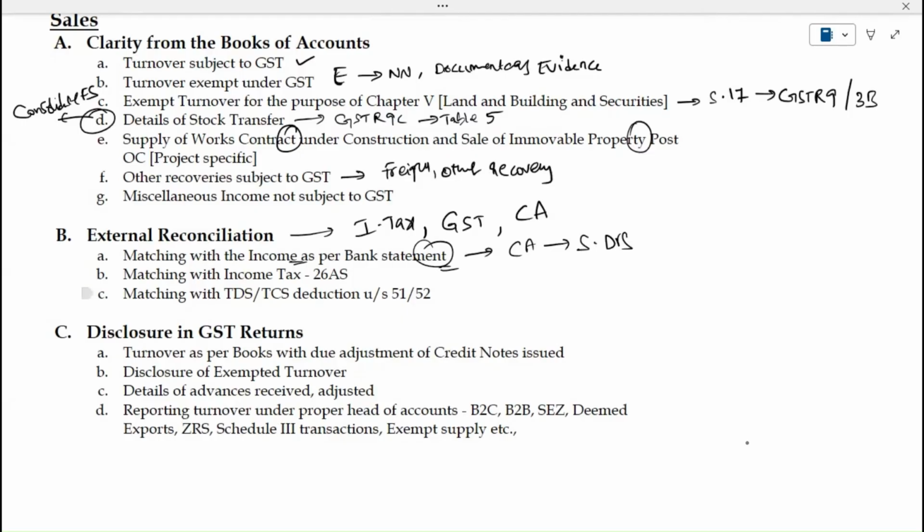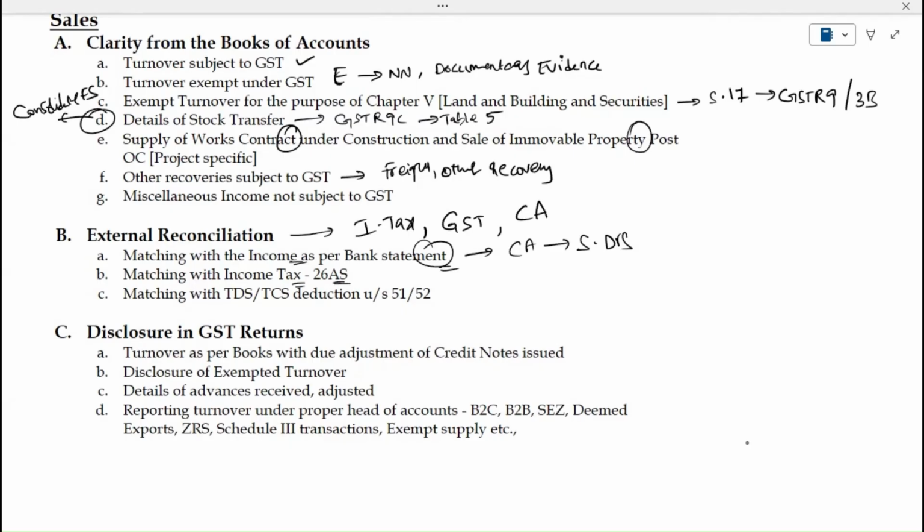Similarly, the information which is available in income tax, Form 26AS. Under service tax, we have seen many cases where, based on the IT return, we got a notice under service tax. Then TDS, TCS under section 51, 52. When I do works for BBMP, BDA, or any public sector undertakings, they deduct TDS.